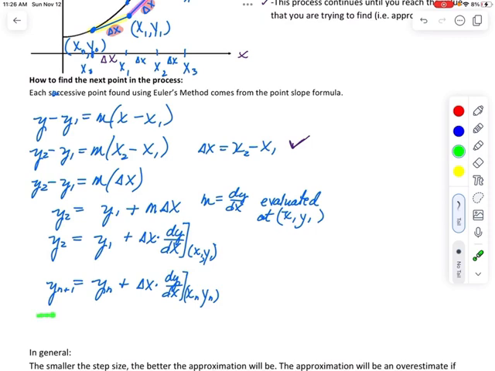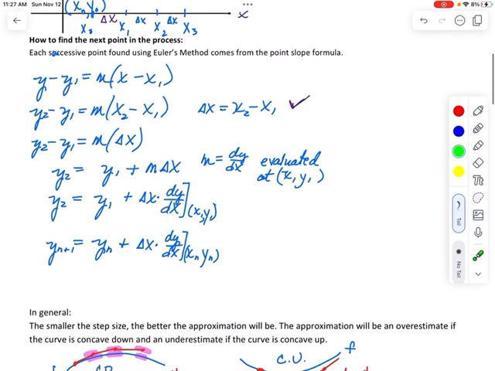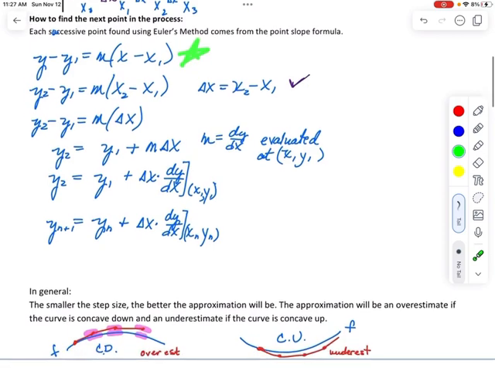In the last step, y sub 3 is equal to y sub 2 plus delta x times dy dx evaluated at x2, y2. So we're just going to leave this as an n expression: the n plus 1th y value is equal to y sub n plus delta x times dy dx evaluated at x sub n, y sub n. So there's our formula coming right from our good old point slope form.